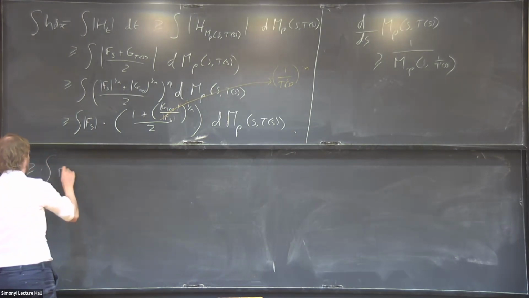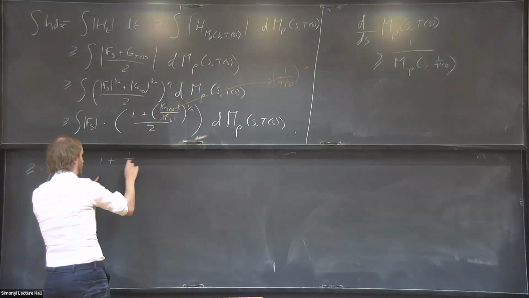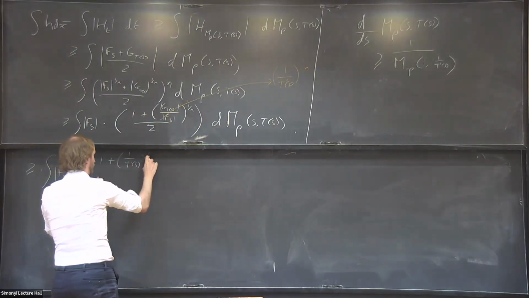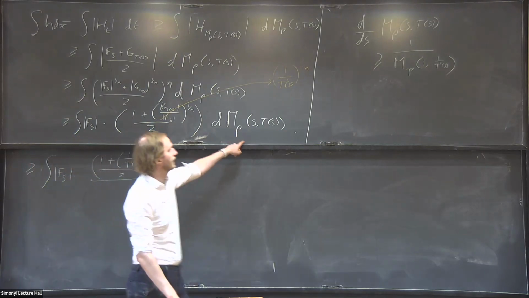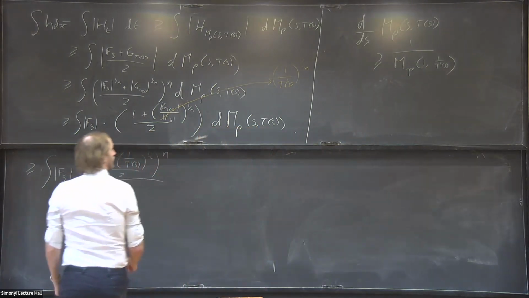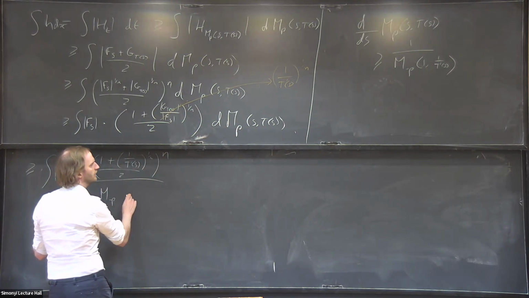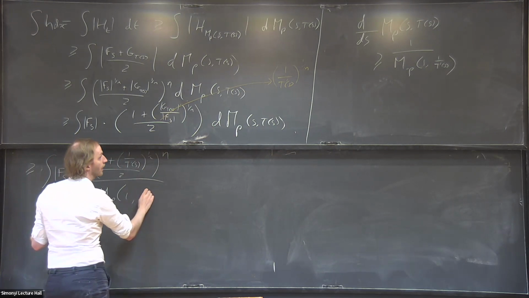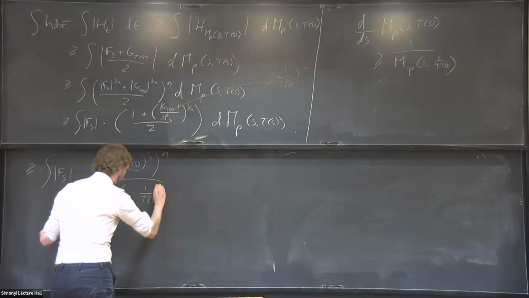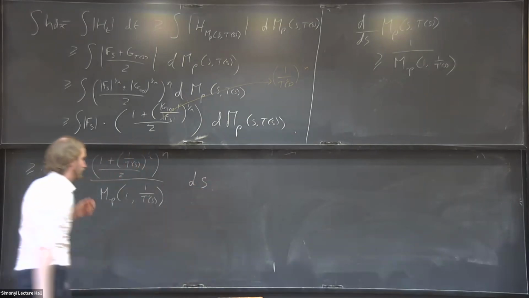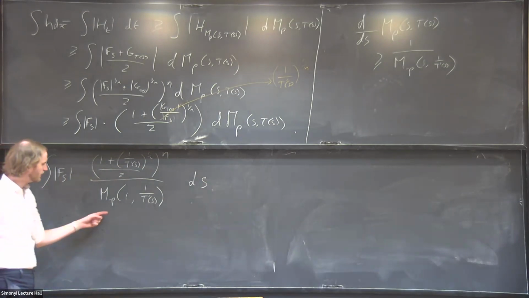We get f of s, clean term, I like that, times 1 plus 1 over t prime s to the 1 over n, over 2 to the n, divided by that term there, minus p, 1 over t prime s, ds. Right, now something might be dawning.